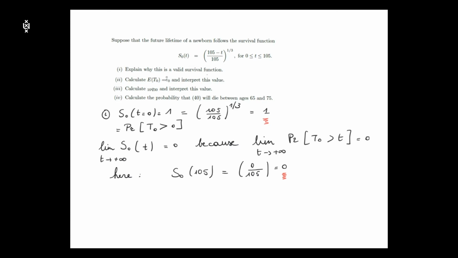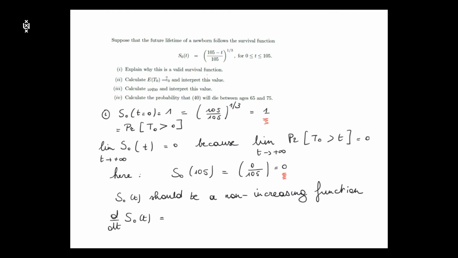The last thing to check is that the survival function, S0(t), should be a non-increasing function of t. How are we going to check that? We can look at the derivative with respect to t of our survival function.